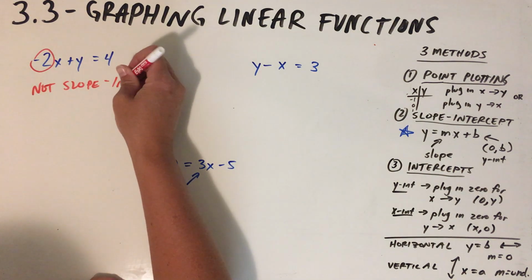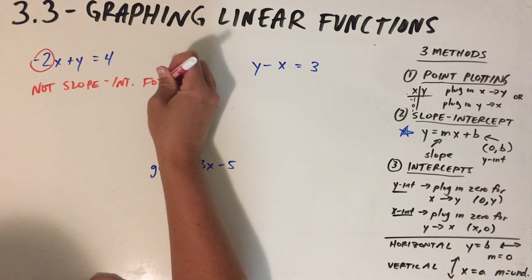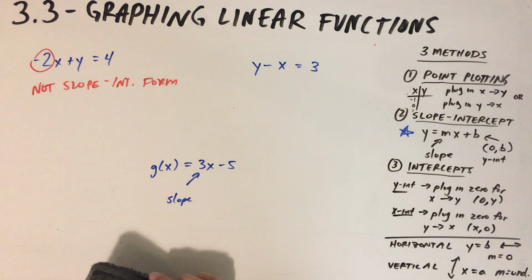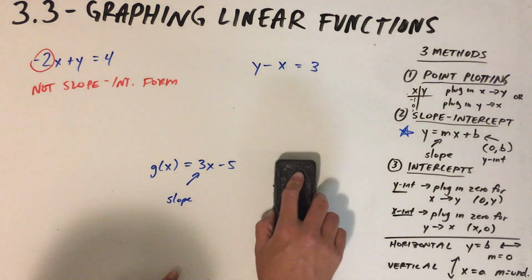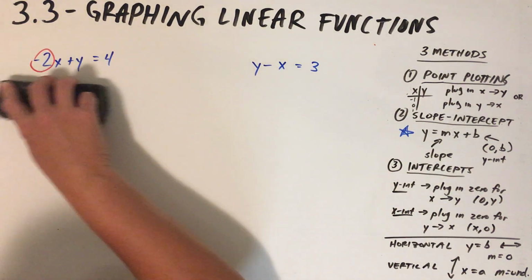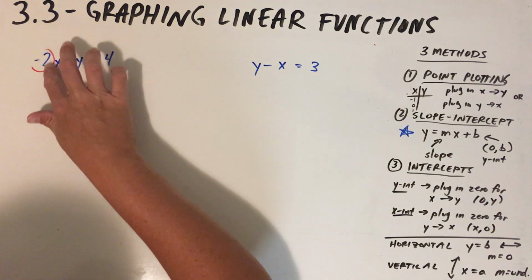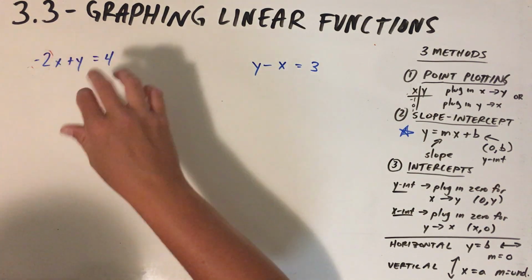So I have to either put it in slope-intercept form or use another method of graphing. Because this isn't in slope-intercept form, I'm going to use intercepts because that's going to make my life easy. But just make sure that you don't try to use this coefficient as slope.